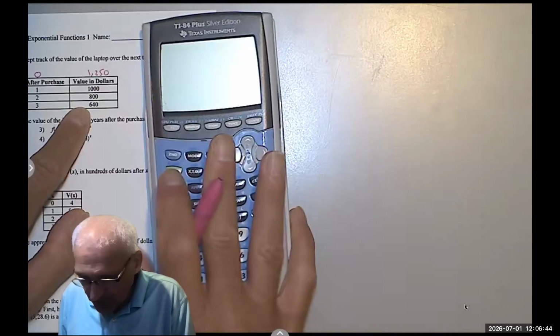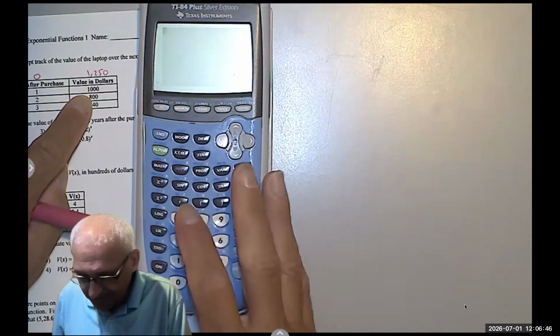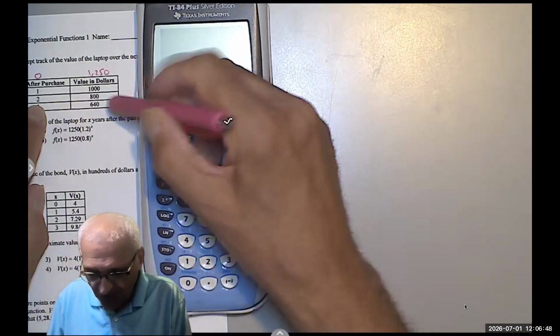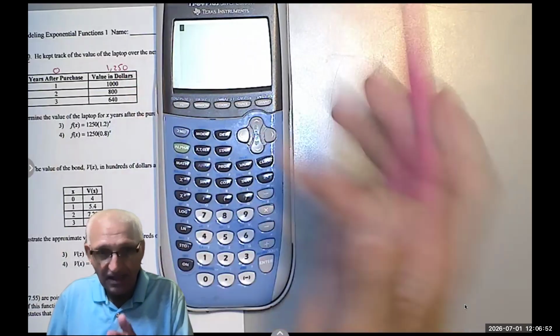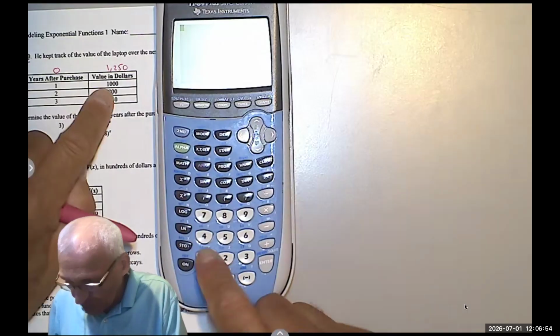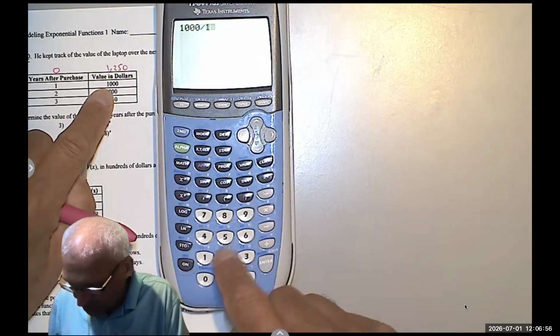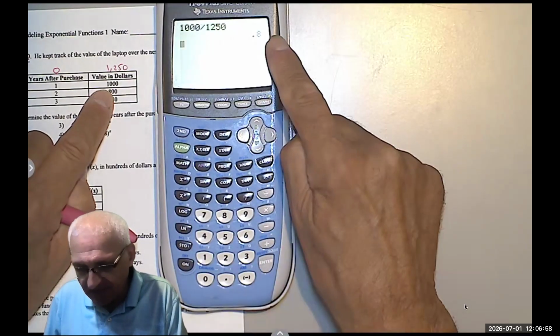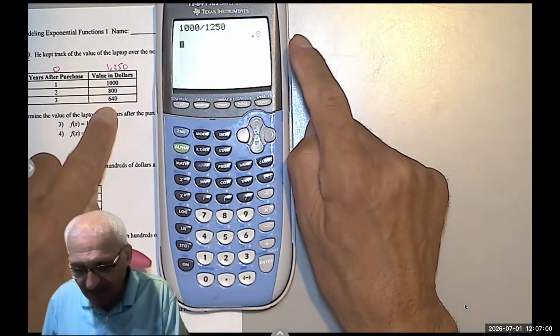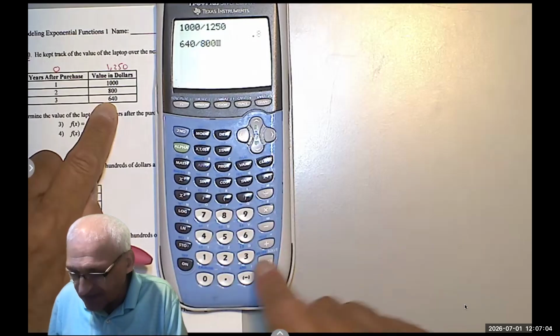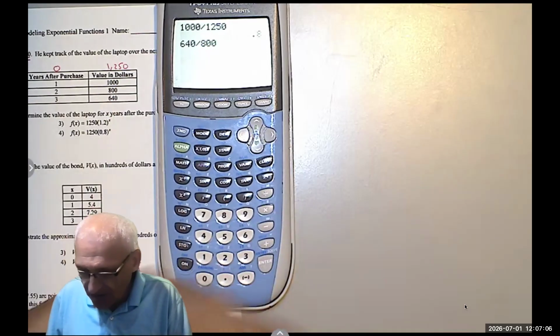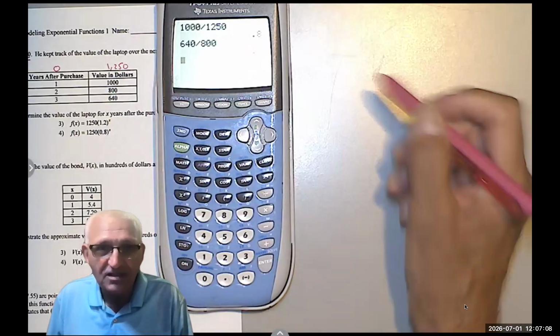So when we do that, the multiplier is 0.8. Let's do it. 1000 divided by 1250 is 0.8. I know that 8 times 8 is 64, so 640 over 800 is also 0.8. And of course, 800 over 1000 is 0.8.